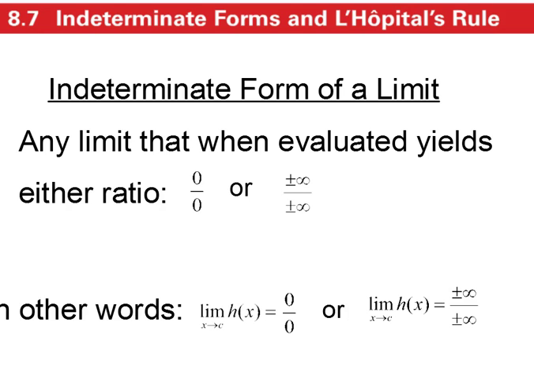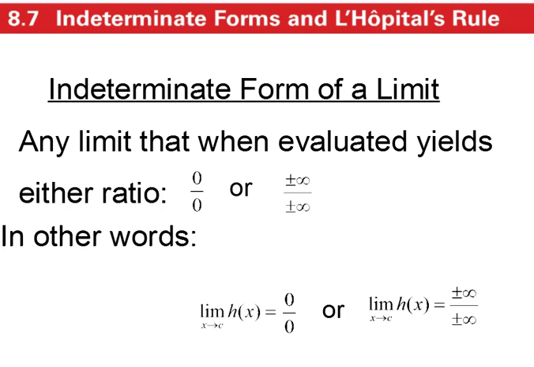In other words, if I have some limit as x approaches c of some function h of x, if it yields 0 over 0, or if it yields any type of infinity over any type of infinity, we call this an indeterminate form of a limit.